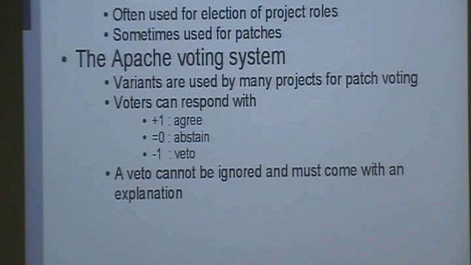So -1s usually come with an explanation saying, -1, this would cause a major problem, it would mean that blah blah blah. You explain why you're disagreeing, and that then triggers a discussion between all the developers, and it only goes ahead once that issue is resolved, and that person eventually comes back and says, yes, that's okay, +1, or a different proposal is put up and everyone agrees to it.